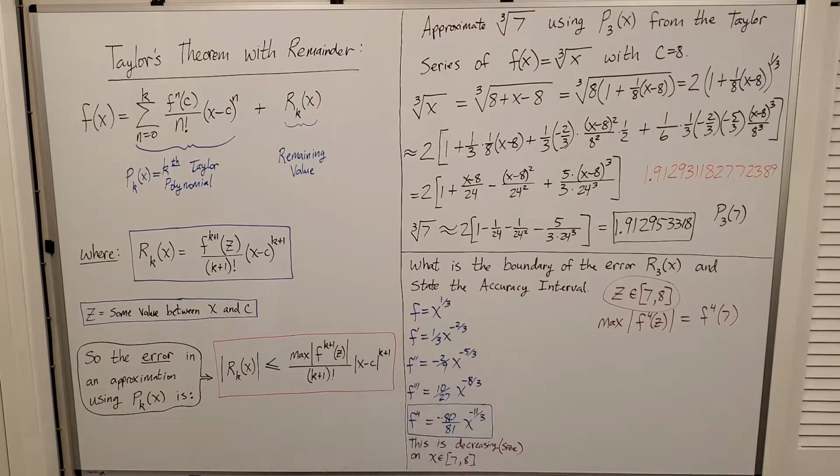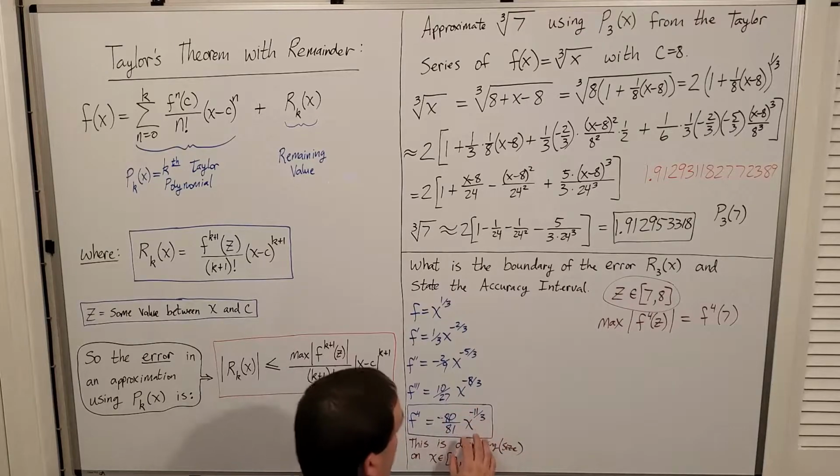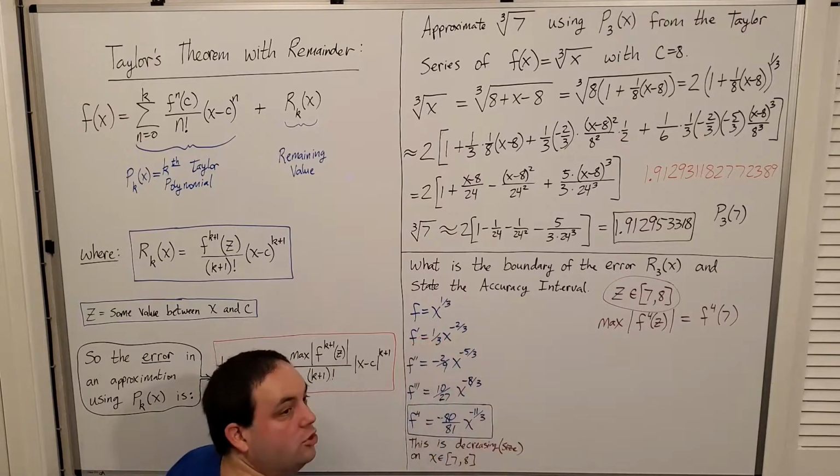Let's go through that one more time here. Because this interval from 7 to 8, x just keeps getting larger between 7 and 8, then the x to the 11 thirds is going to keep getting larger, but it's in the denominator because of the negative power. So the size of this is going to decrease constantly. Since it's decreasing constantly, I have to pick the largest possible.